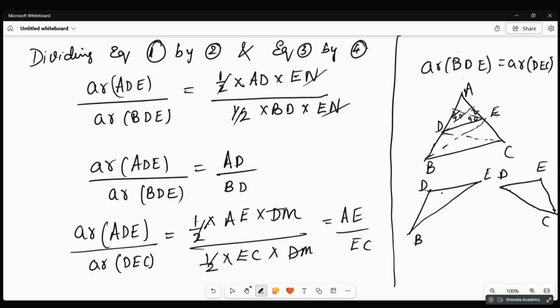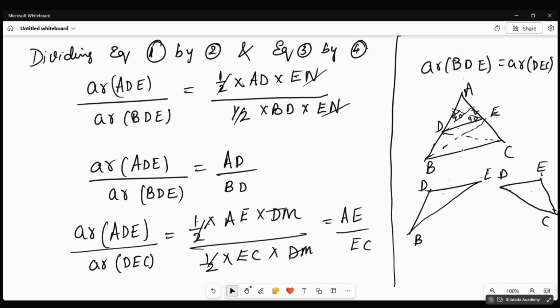See, I can consider DE as the base for both, correct? These two triangles' areas are equal. Why? Both have the same base DE, and both are between the same two parallel lines. Whenever two triangles have the same base and are within the same two parallel lines, then the two triangles' areas are equal.